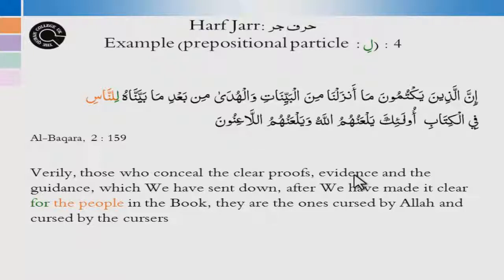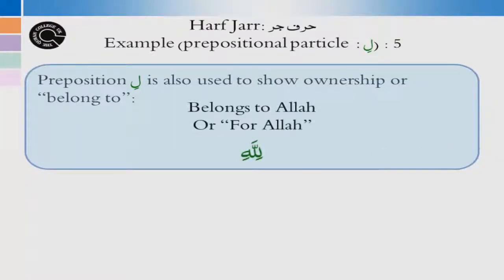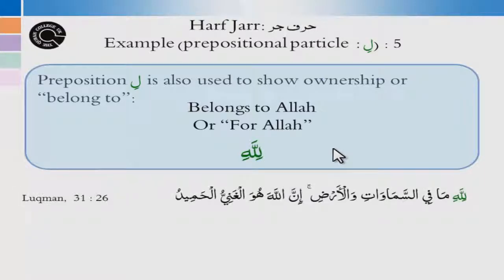Let's take the lam preposition in the form of belonging, where it says lillahi. If something belongs to Allah, then you would say lillahi, for Allah. So it is an ownership which is used in Surah Luqman, chapter number 31, verse number 26, where it says: lillahi ma fis samawati wal ard inna allaha huwa ghaniyul hamid.